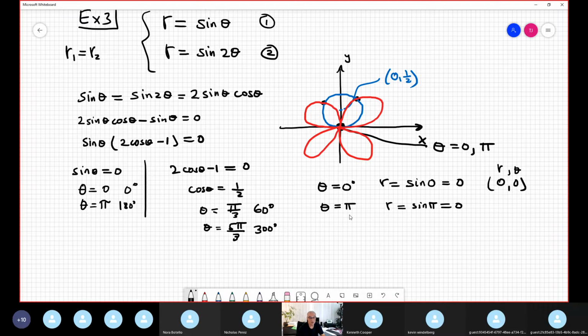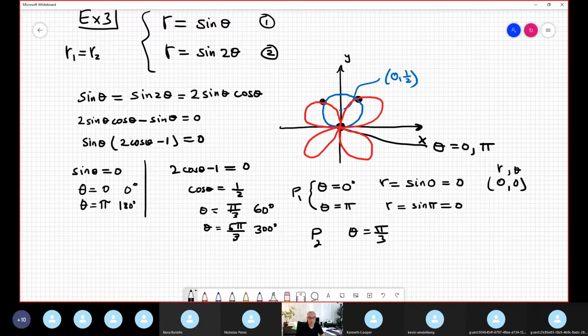Now the important point is this. This is in the first quadrant, I suppose it's pi over 3. So this is P1. P2 is at theta equal pi over 3.